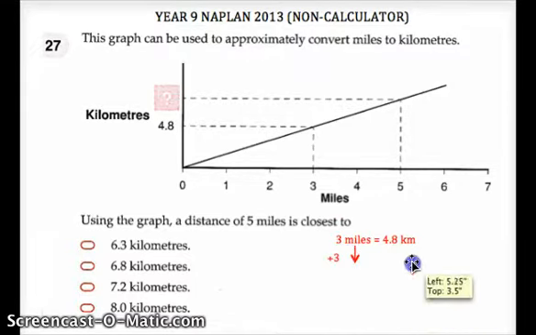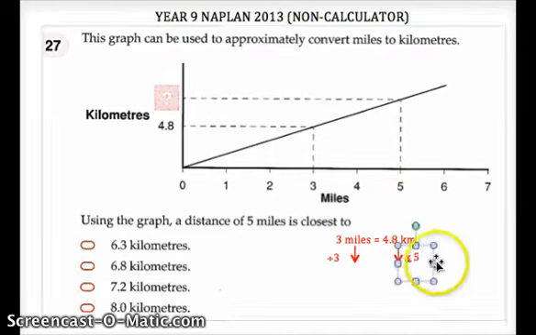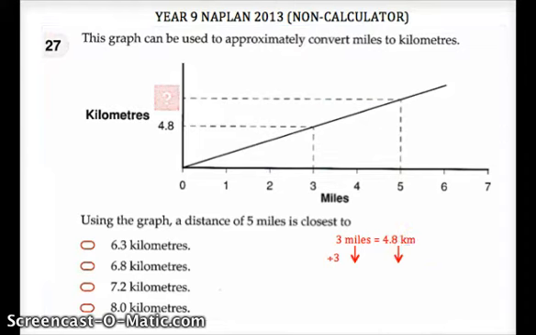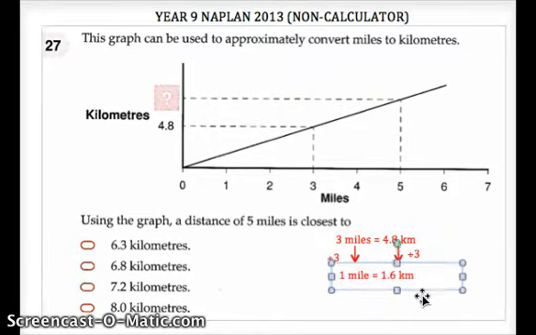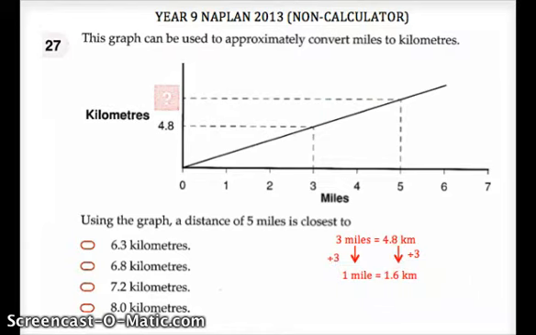And so we would also divide the 4.8 kilometres by 3, and then we could work out what 1 mile is equal to. So 3 miles divided by 3 is 1 mile, and 4.8 divided by 3 is 1.6 kilometres.